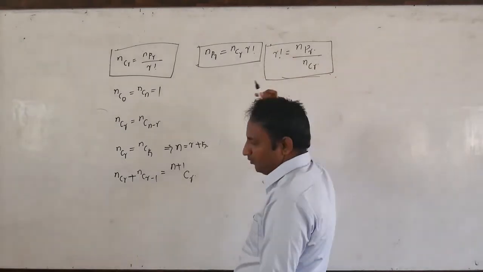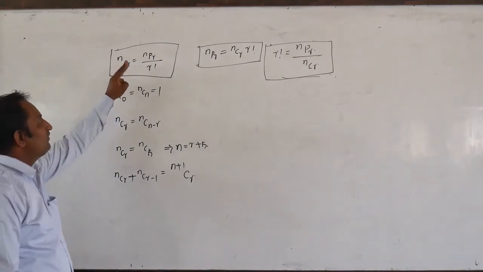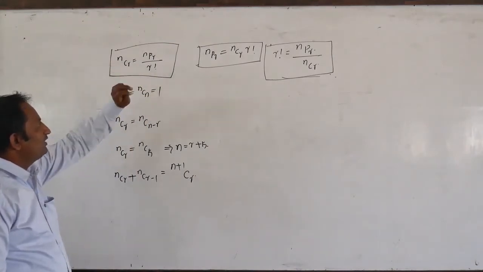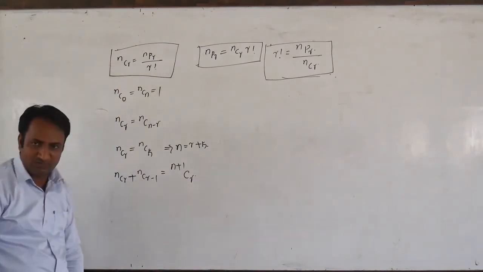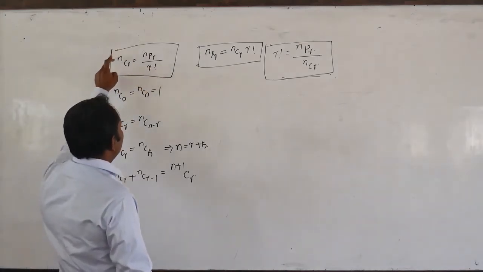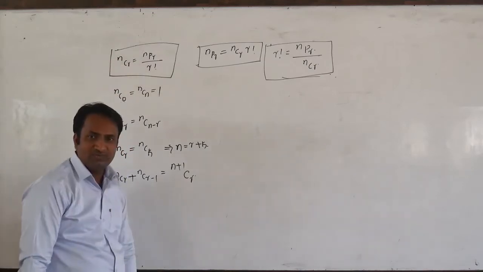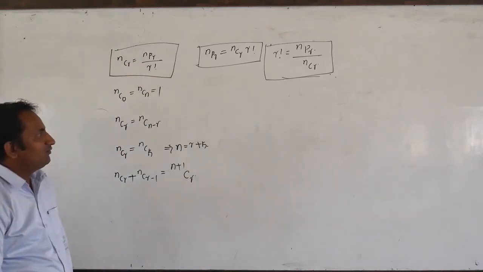Here one formula can be arranged as three formulas. nCr is equal to nPr divided by r factorial, and multiplying by r factorial, nPr is equal to nCr into r factorial.